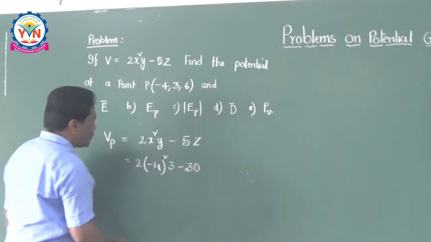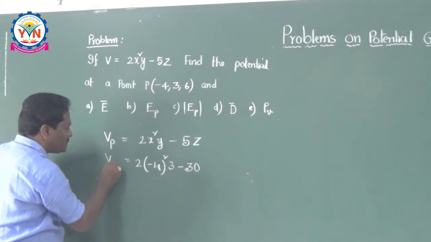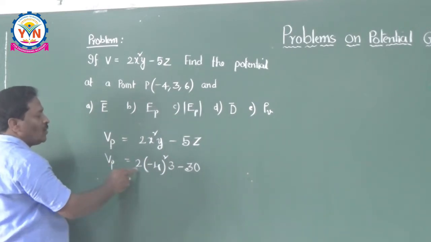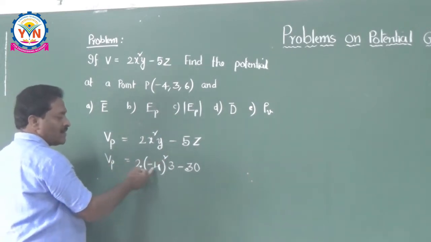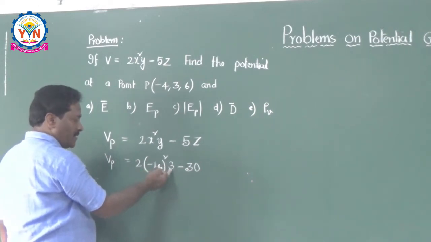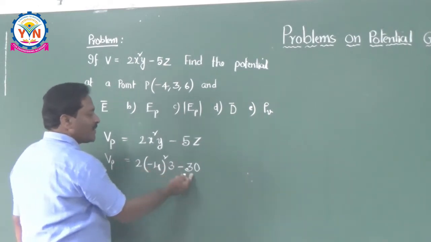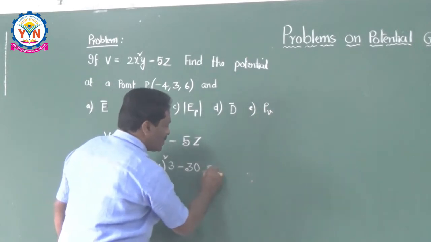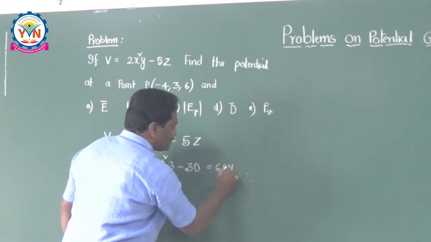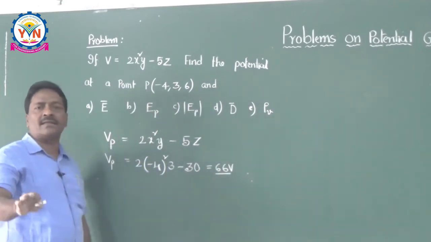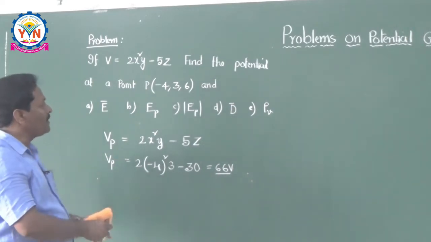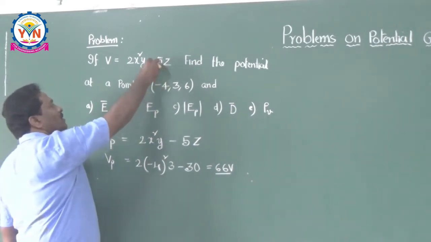So, the potential at the point P is equal to 2 into minus 4 whole square means 16, 48, 96, 96 minus 30, that is nothing but 66 volts. This is the way of calculating this. So, the answer is 66 volts. Merely at that particular point you are substituting here.